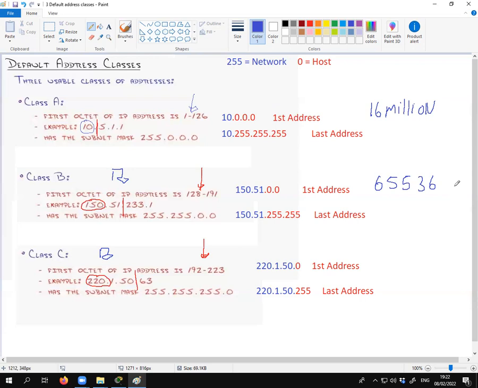Let's say you had a very, very large switch with 65,000 ports. You could connect 65,000 laptops into this large switch, and all of those laptops would be within the 150.51 network, somewhere in here.